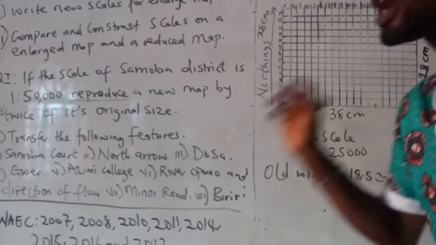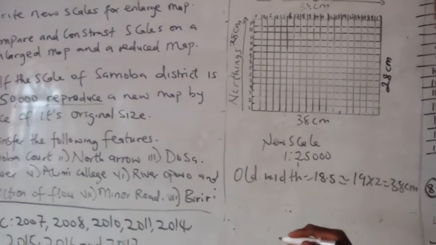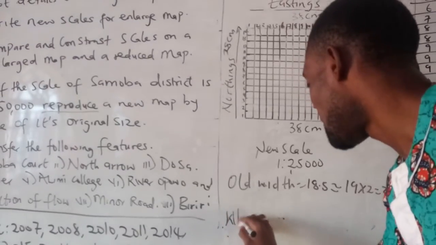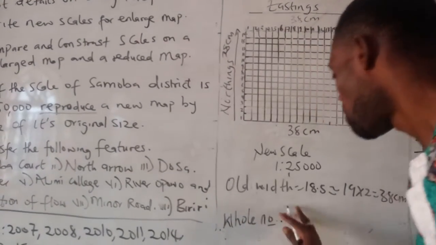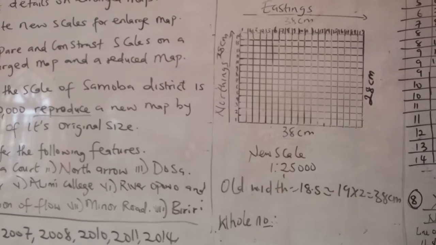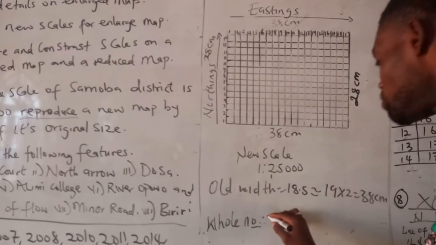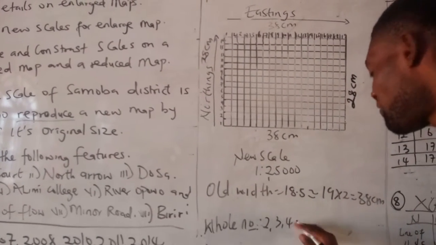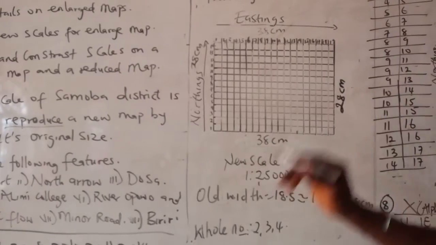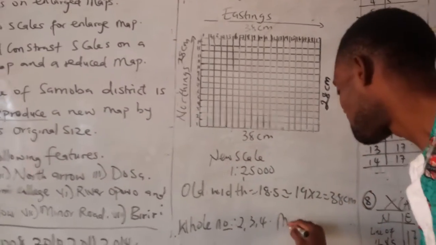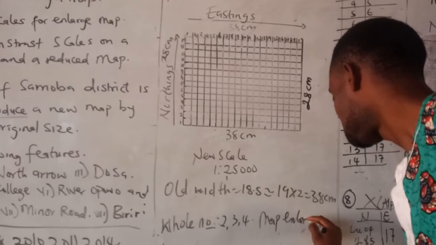In your question, once you see any number in whole number, from 2, 3, 4, 5, my dear, that question is map enlargement.